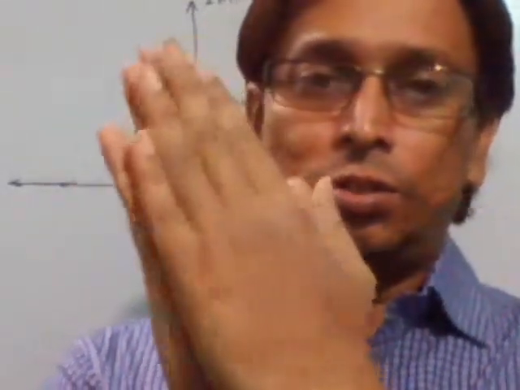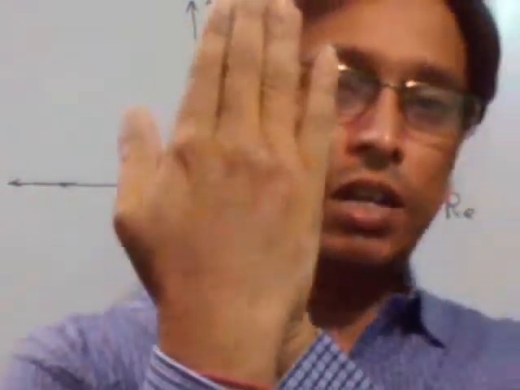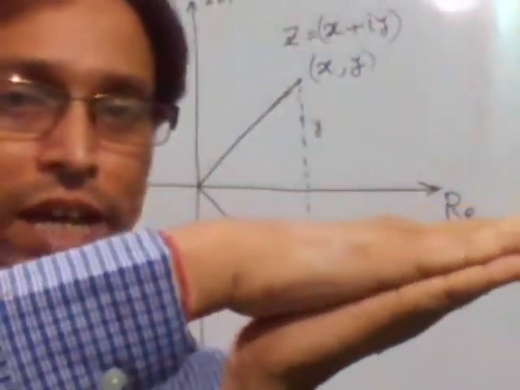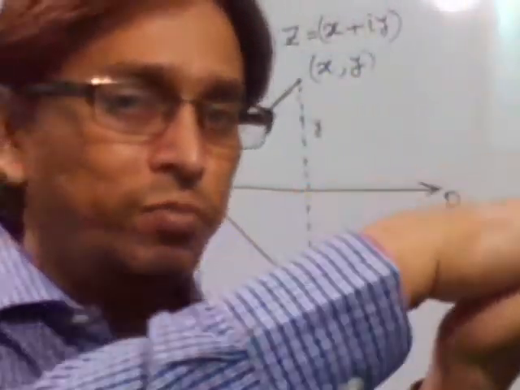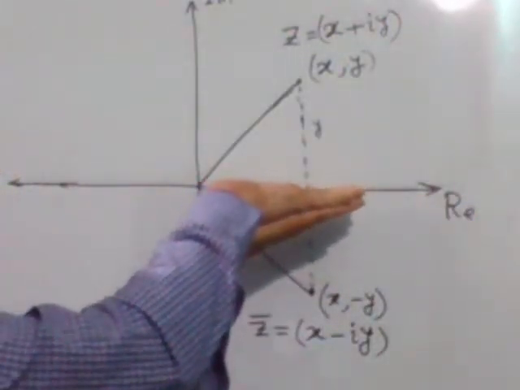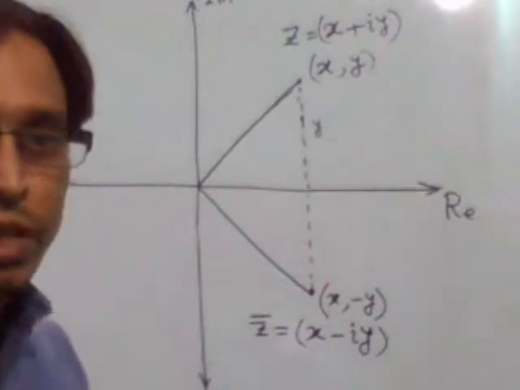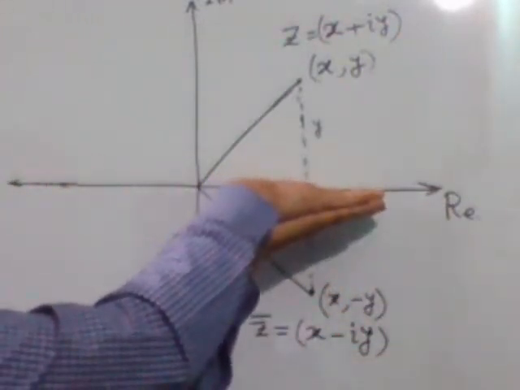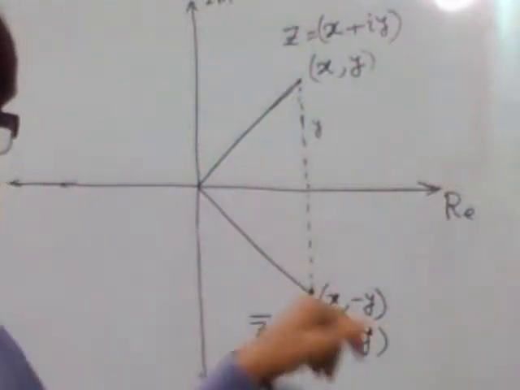Now if I join the mirrors like this, on this side there will be a reflecting surface and on this side also there will be another reflecting surface. If we place these two mirrors like this, then this will form the real plane of a complex number in the Argand diagram.